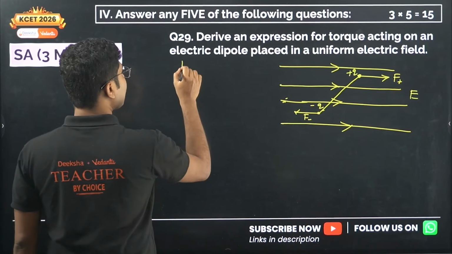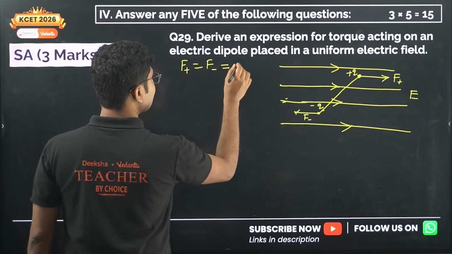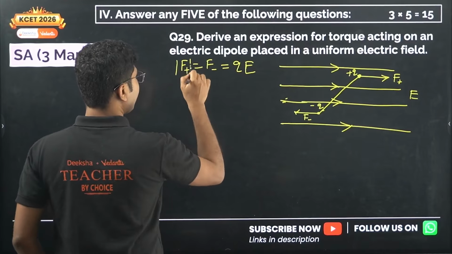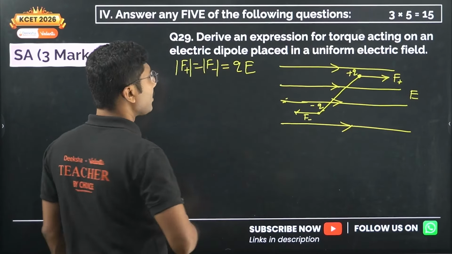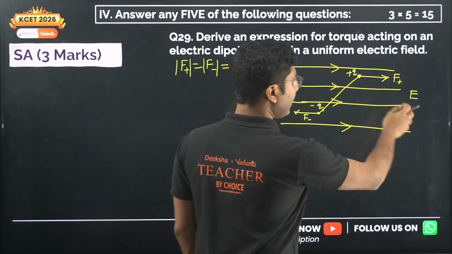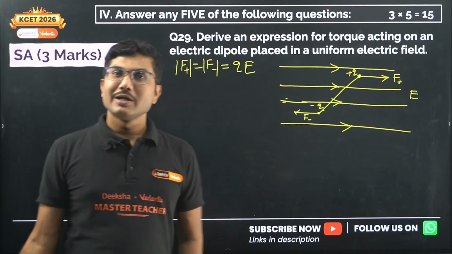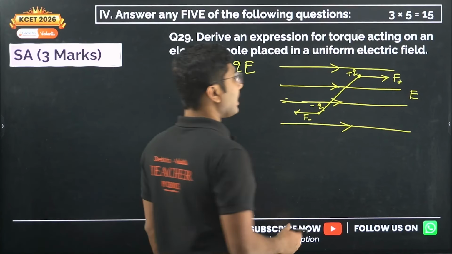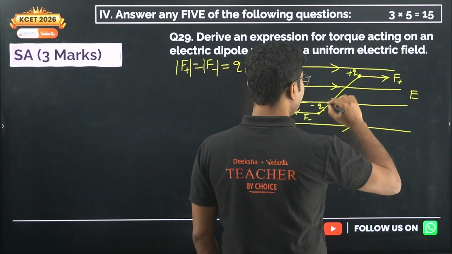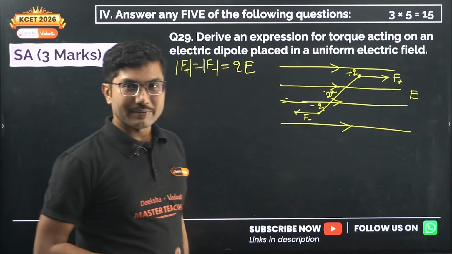Magnitude wise, both forces are the same, F plus equals F minus, which equals Q into E. Q is the charge, E is the electric field. So when you keep a charge in an electric field, the force acting on it is Q into E. Now the distance between the dipole is generally given by 2a.